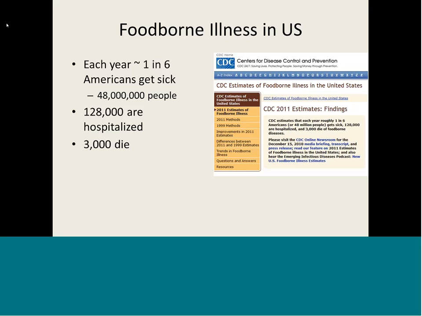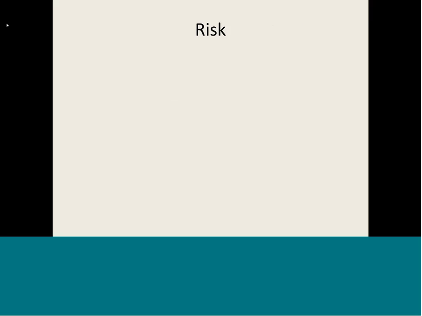In our own country, 1 in 6 people will get sick every year, and that amounts to almost 50 million people a year. About 3,000 times every year, a person sits down to have a meal that they will end up dying from. So I think we could all agree that when it comes to public health issues, there are few that are as serious as foodborne illness around the world.